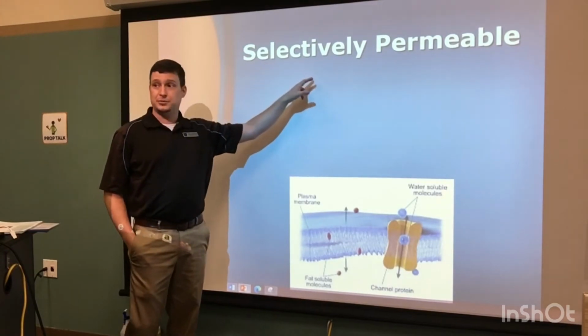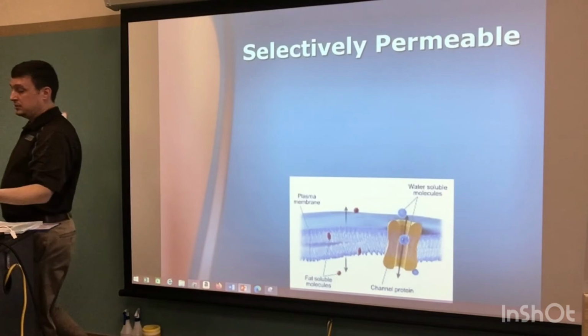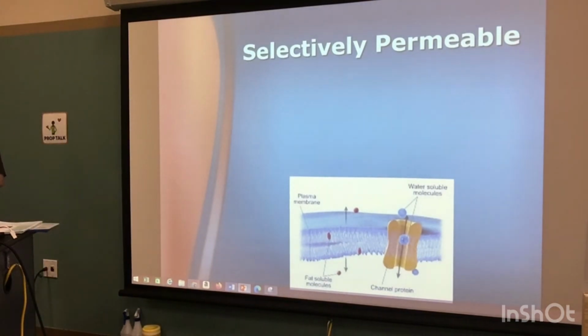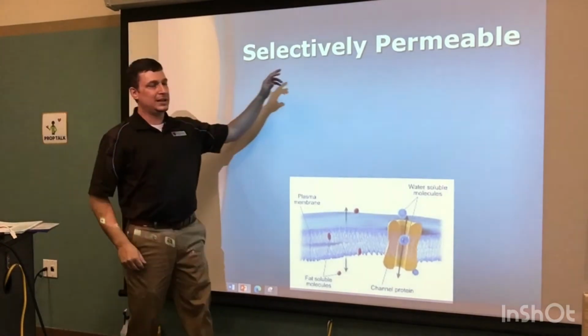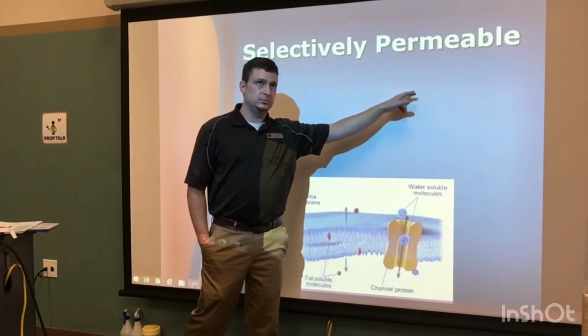They're selective. If I ask you to be selective about something, for example, Max, if I say, Max, would you please select your favorite candy? Then you use your brain to figure out which one is your top pick, right? So selectively, it's being selective. Permeable.